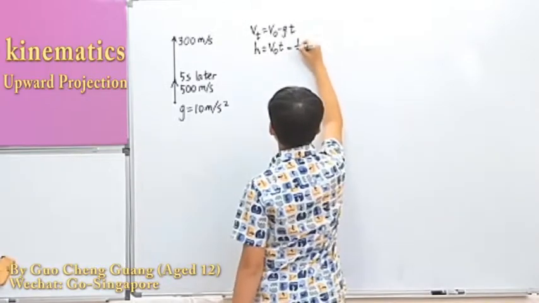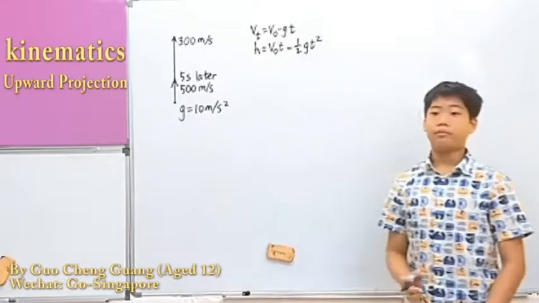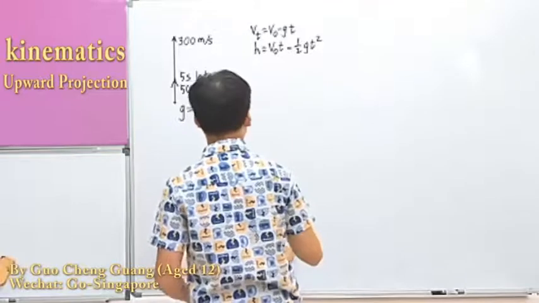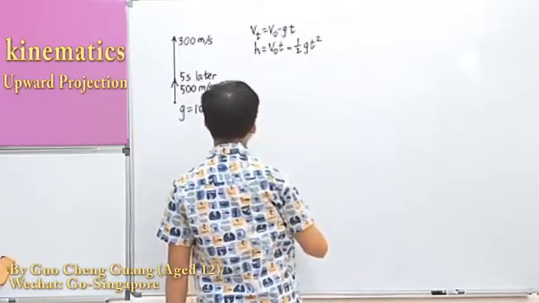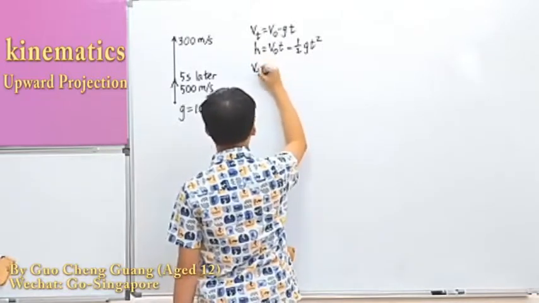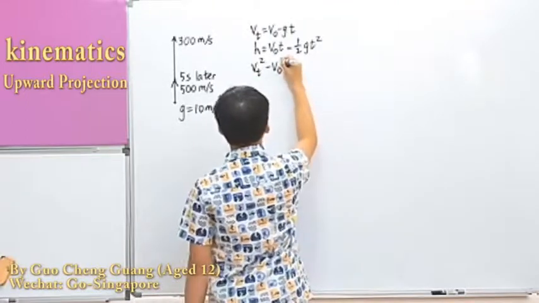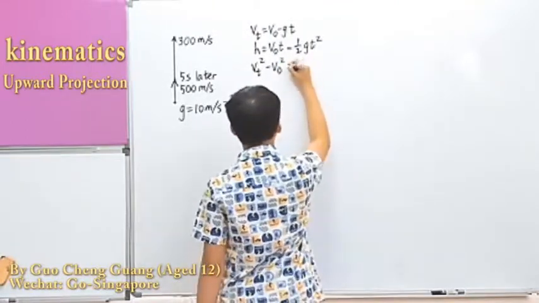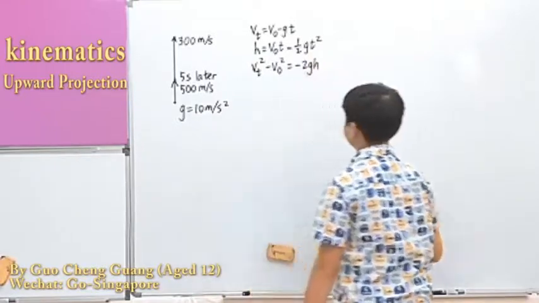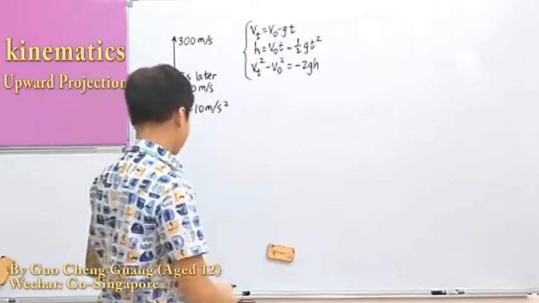So you subtract half gt squared. That's the second formula. The third formula will not include time. Here we have the terminal velocity squared, subtract initial velocity squared, which equals negative 2gh. These are the three that we may need to use here.